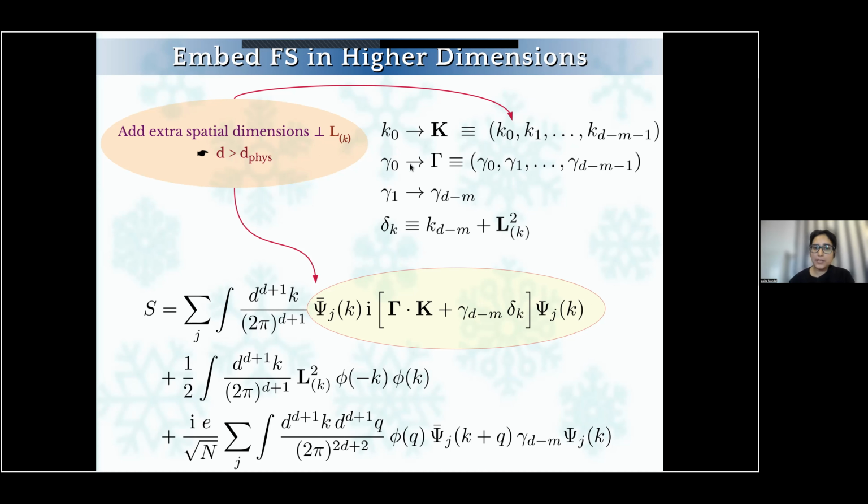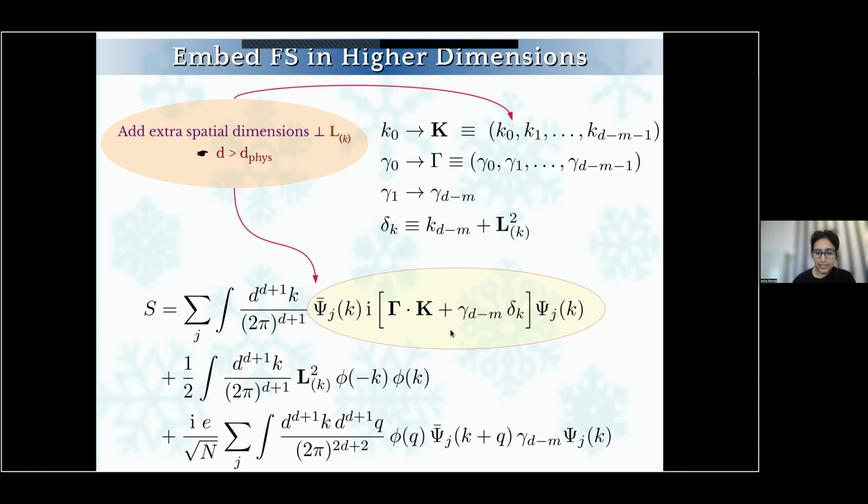Then this gamma 0 matrix is promoted to a vector of gamma matrices. We are also relabeling gamma 1 as gamma D minus M, and delta K is a shorthand notation for this combination. So now our action for the fermions looks like this, and it looks like a higher dimensional Dirac fermion.